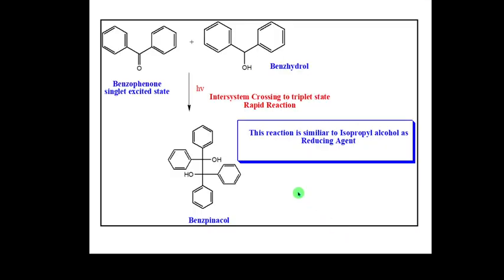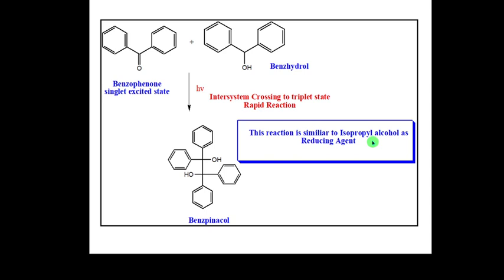That's why this singlet to triplet transition can also be called intersystem crossing, and this reaction is similar to the one with isopropyl alcohol.